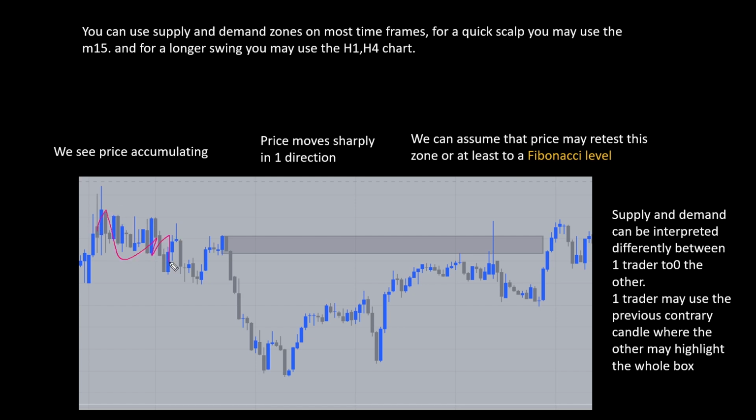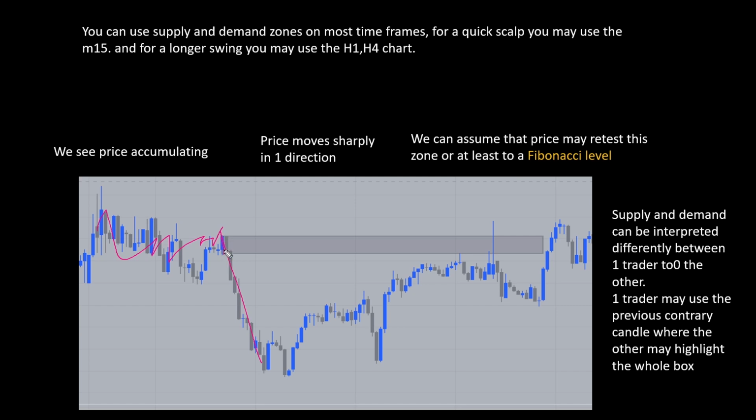So we see price accumulating, price then moves sharply in one direction. We can assume that price may retest this zone, or at least to a Fibonacci level. Supply and demand can be interpreted differently from one trader to the other. One trader may use the previous contrary candle, where the other may highlight the whole box.